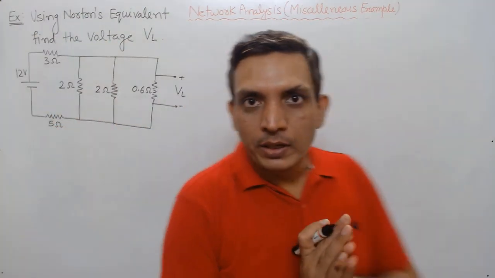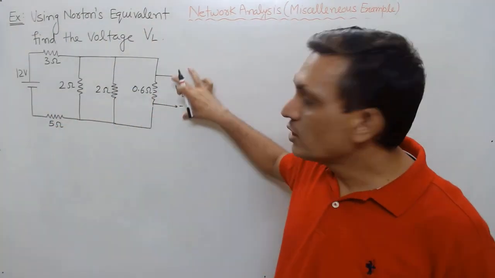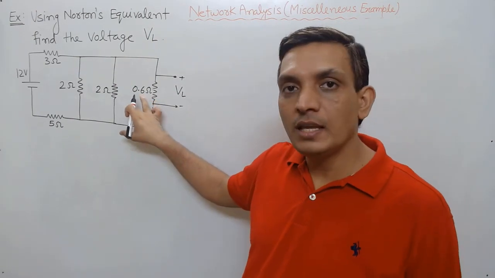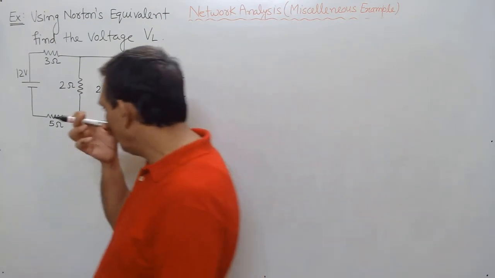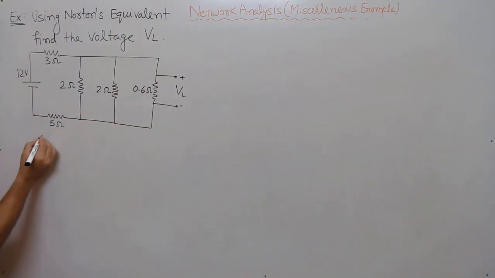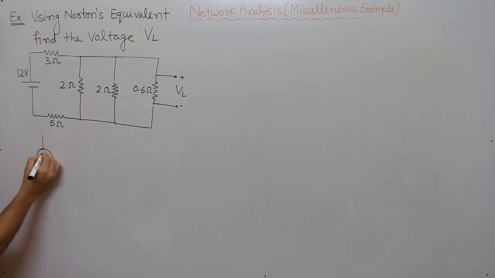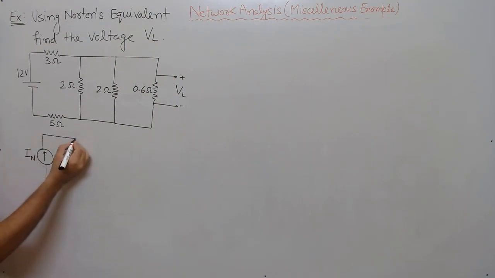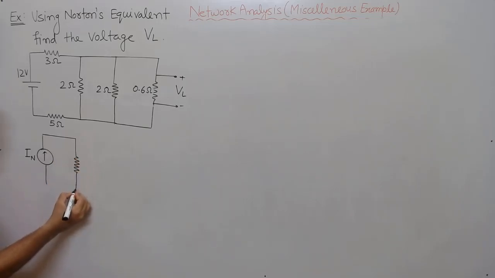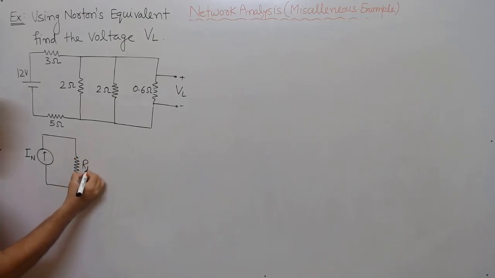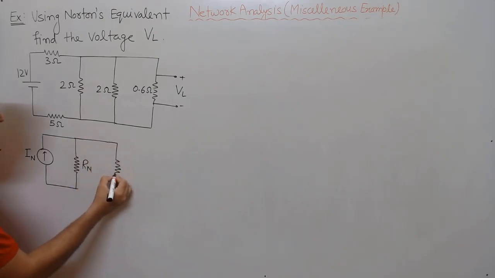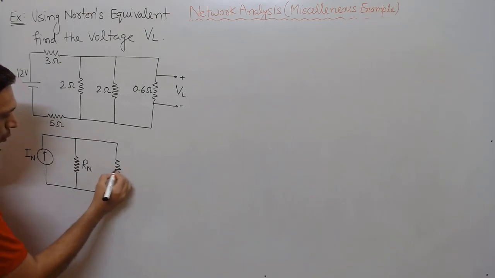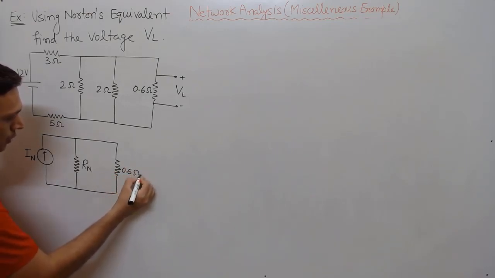In this example, we have to find the voltage drop across the 0.6 ohm resistance using Norton's equivalent. In Norton's equivalent, we have a current source IN, connected in parallel with RN, and the load resistance is 0.6 ohms.